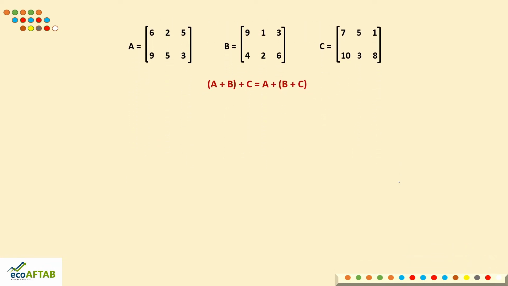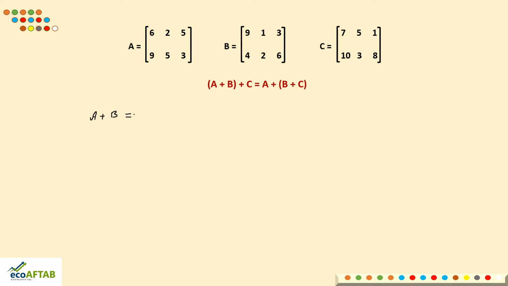So this is the case. First I will take A plus B and then I'll add the C. First thing is A plus B, and you know how we are going to add it.